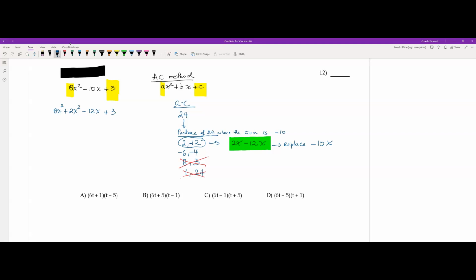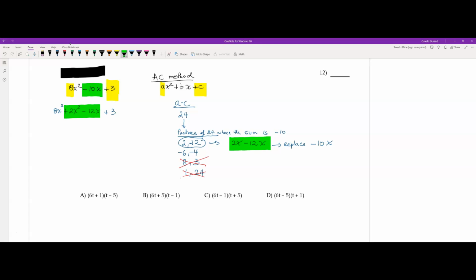But let's go through the process, because whatever we're getting, everything has to work out. So the 12x here, I'm going to put in green. The positive 2x minus 12x is replacing this. Okay, so now we are compliant. Everything should match. Everything is fine here.